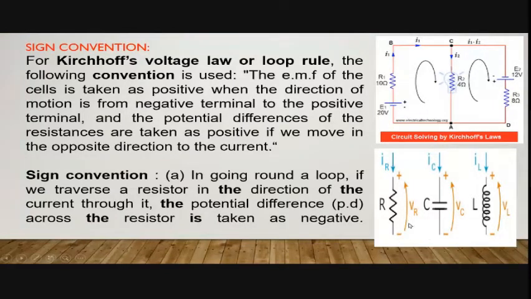So you have to take minus VR. IC, the IC is the current through the capacitor, then the voltage will be minus VC. If the current through the inductor is IL, then voltage will be minus VL. So these sign conventions are very, very important.